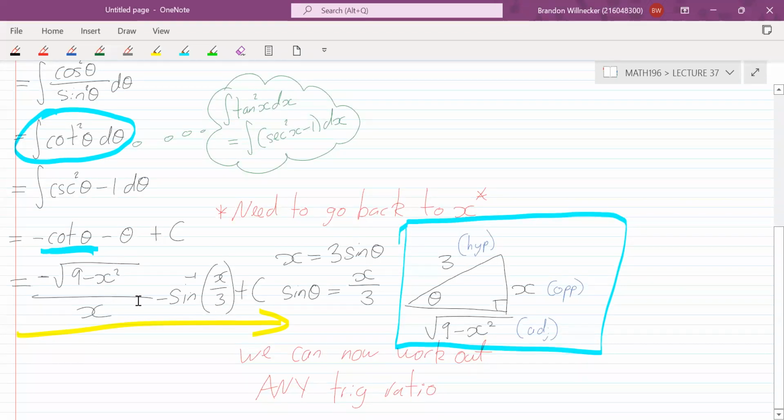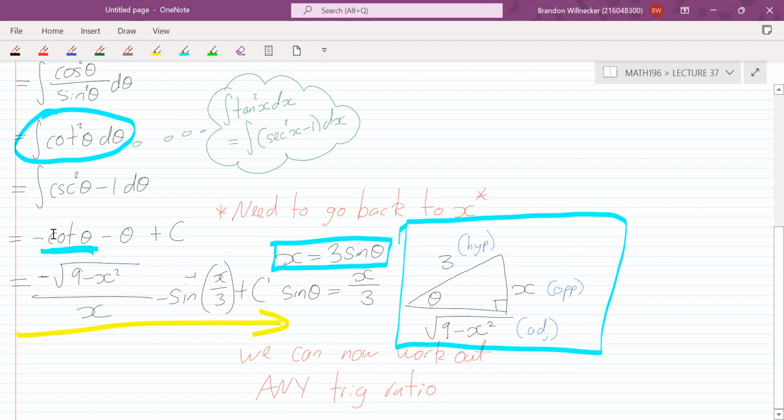Okay, now we've done lots of trig integrals before, so we just evaluate the trig integral, and then for your final step, we need to go back to the x variable. Okay, so how do we go from trig functions back to x variables? We use the substitution. So if x is equal to 3 sine theta, then if we draw the triangle with the opposite and the hypotenuse, okay, because sine theta is opposite over hypotenuse, we can fill in the other side. And that means we've got all the sides needed to write any of the trig ratios.